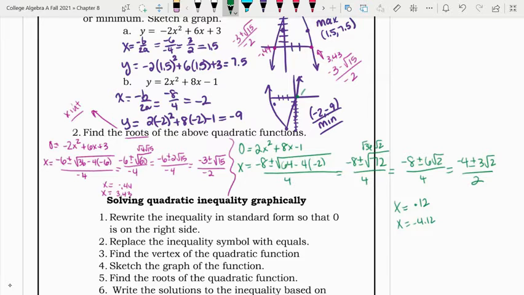So this would be the 0.12, which is negative 4 plus 3 square root of 2 over 2. The coordinates of the other point will be negative 4.12, which is negative 4 minus 3 square root of 2 over 2.